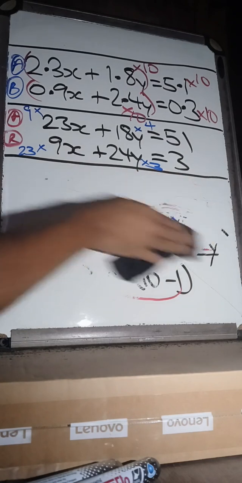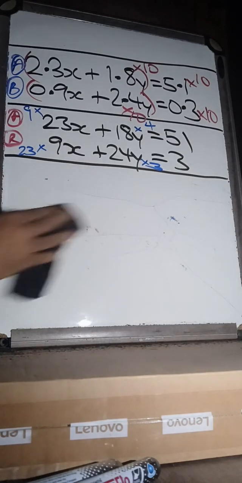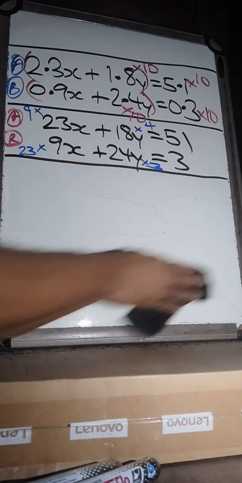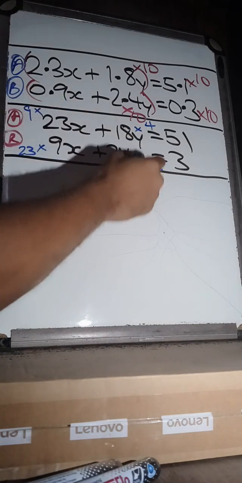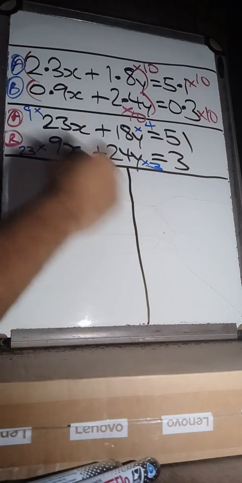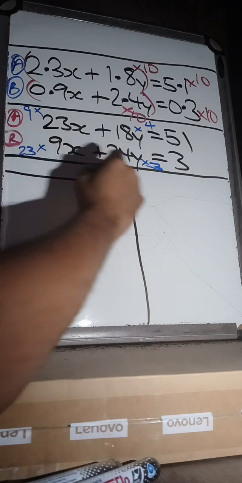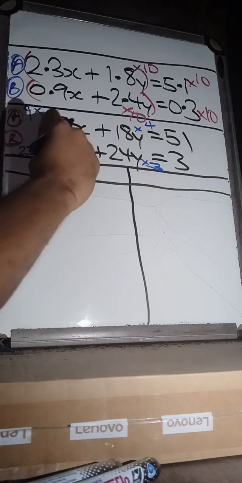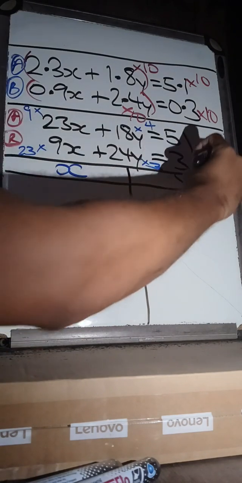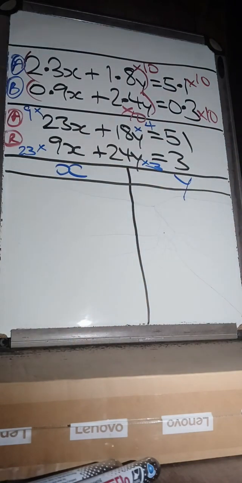So let's get rid of that. So we have the left side and the right. The X and the Y. So what we do to X on this side, what we do to Y on that side.